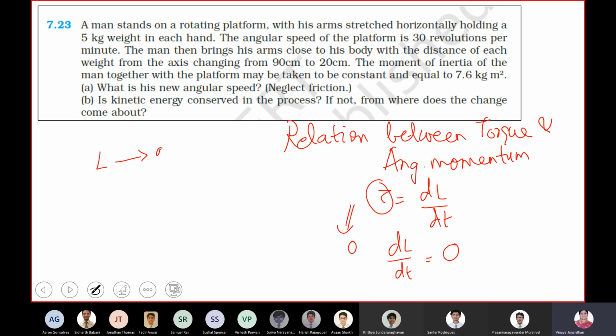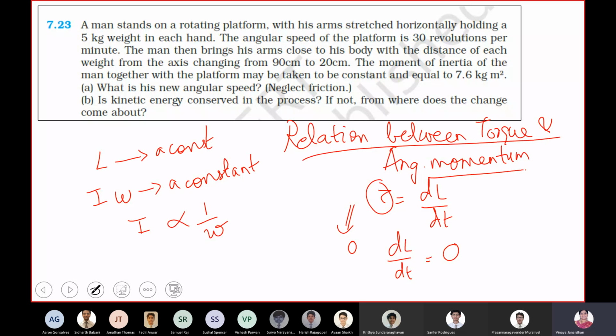Or I can write L is a constant. So what is L? Angular momentum. In terms of moment of inertia, I omega will be a constant. Or I can say I is inversely proportional to omega. Just write, boys.